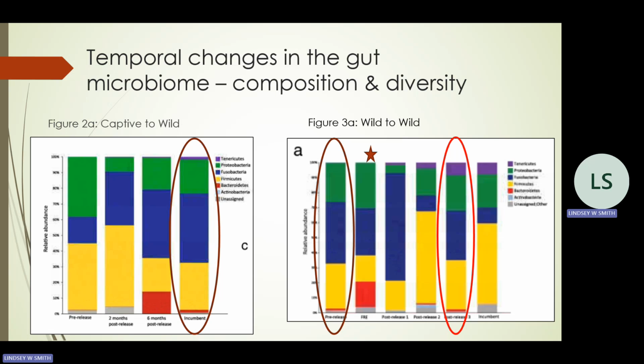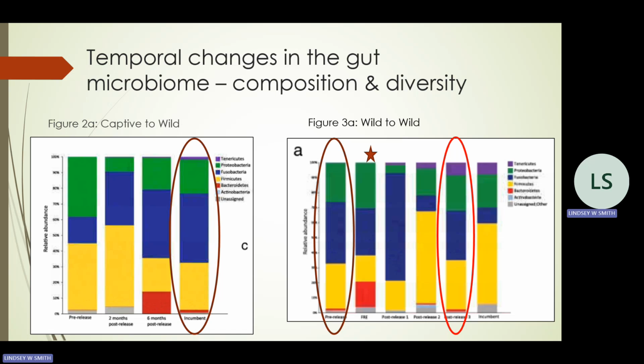Across all the samples collected in this first cohort, Firmicutes dominated, followed by Fusobacteria, Proteobacteria, Bacteroidetes, Actinobacteria, and Tenericutes. I did find it interesting that we see a spike in the Bacteroidetes within the 6-month post-release captive-to-wild, as well as the free-range enclosure-to-wild. I'm kind of curious if this correlation is demonstrating something occurring early on in a translocation process.